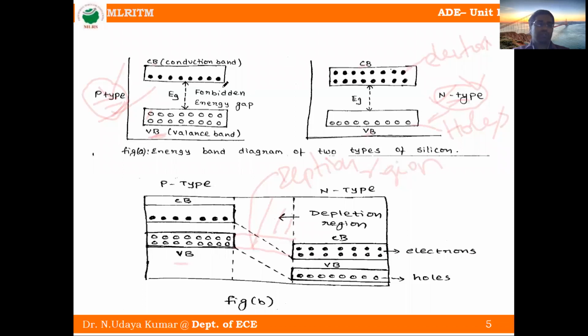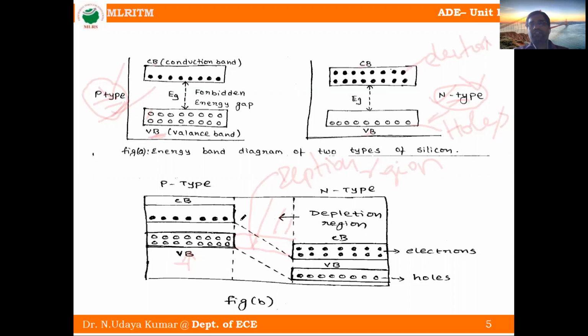Whenever both materials, p-type and n-type, are combined without giving any voltage, there is a misalignment. Misalignment means the valence band moves slightly upwards. There is no equality between the conduction band and valence band at zero voltage.